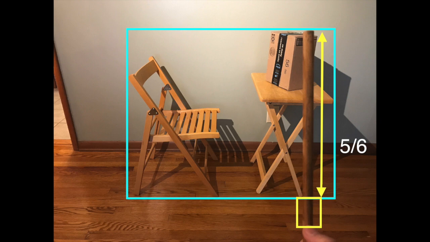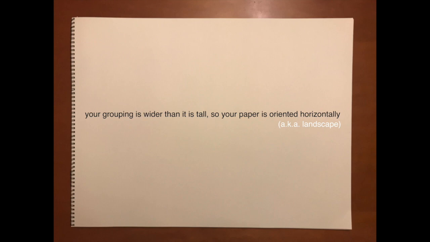We'll align the top of the stick with the top boundary of the grouping, and we'll let our thumb end up wherever it is. In this case, it's below the lower boundary, and that means that the height is only 5/6 of the total width. That means your grouping is wider than it is tall, so you're going to orient your paper horizontally. This is also known as landscape mode.